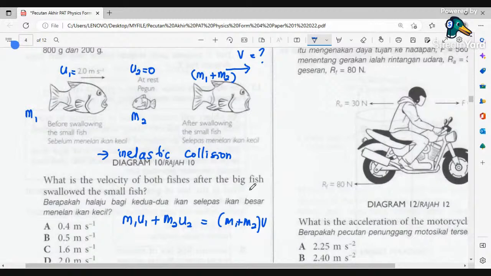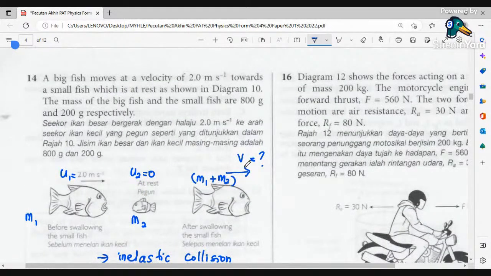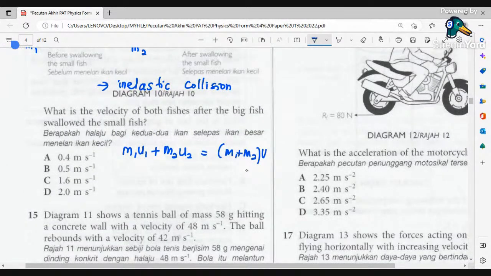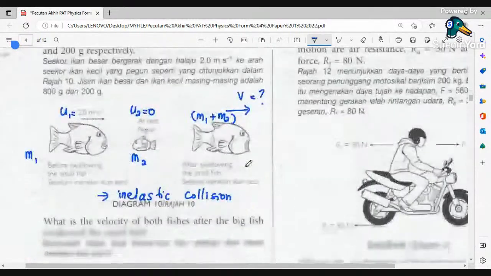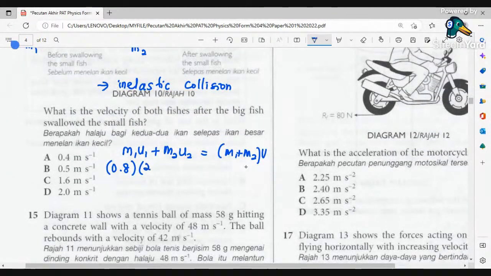So you can change all the mass to kilogram. Okay, 800, 200. Or terus tukar kilogram lah, senang biasa kan. 0.80 times 2, plus 0.20 times 0. Okay, 0.8 plus 0.2 is 1.